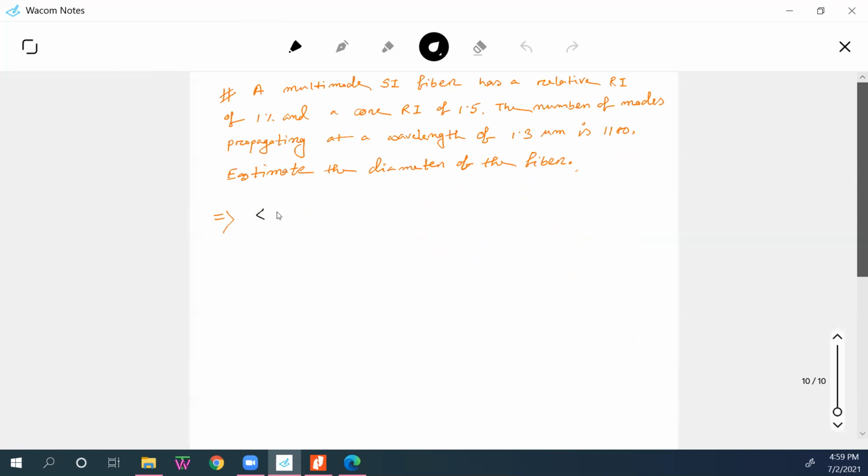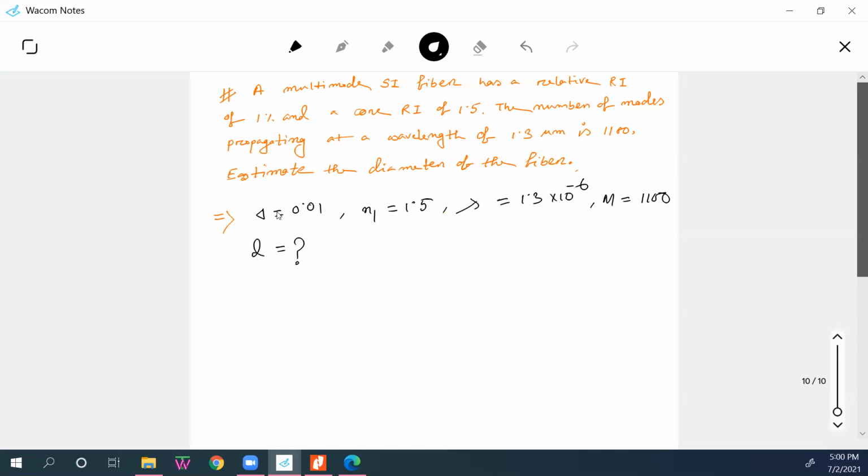So we have del as 1%, which is 0.01, and the core refractive index n1 is 1.5. The number of modes propagating at a wavelength of 1.3 times 10 to the minus 6 is given. So the number of modes M is given. Estimate the diameter of the fiber d.